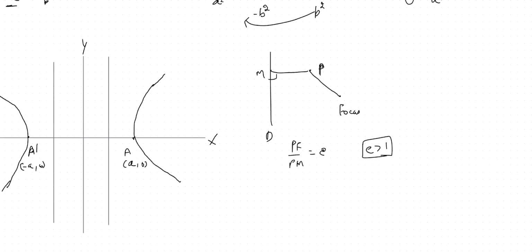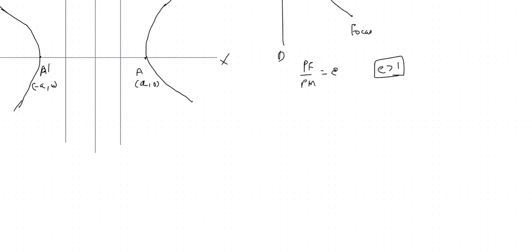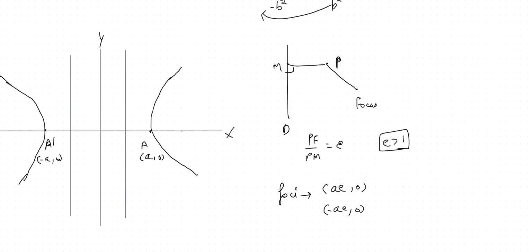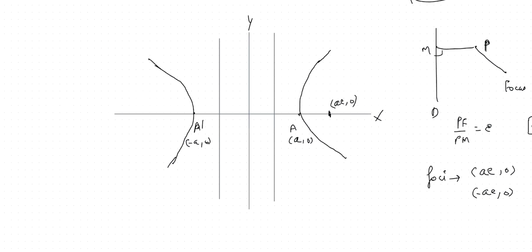So next is foci. Foci are ae comma 0 and minus ae comma 0. Here e is greater than 1. So these will be your foci, ae comma 0, and another focus minus ae comma 0. Some people call them F1, F2, some call them F F dash.